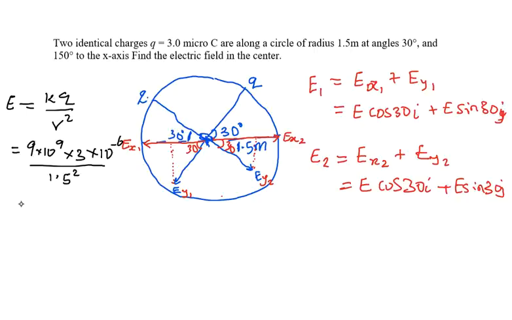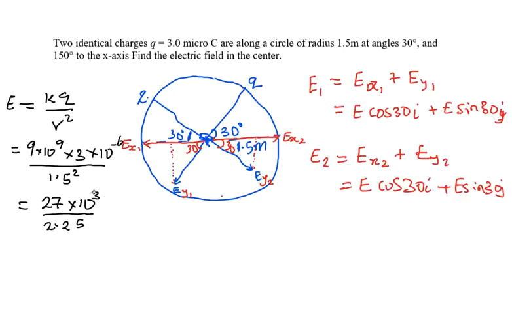When you multiply 9 times 3 it will be 27, multiplied by 9, and this will be 10 to the power 3. Then 1.5 squared will be 2.25.